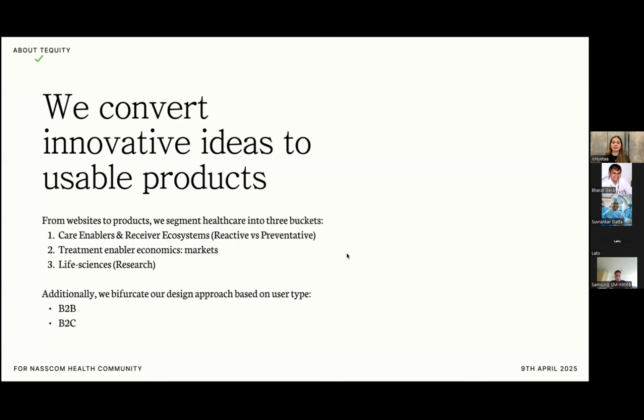Within that, we bifurcate healthcare into reactive and preventative healthcare. I know I'm in a group where I don't have to explain the difference, so I'm going to move forward. The second is the treatment enabler economic market, which is essentially your pharma companies, your diagnostic equipment manufacturers, etc. And the third is life sciences, which is more research oriented. Additionally, we bifurcate all of these into B2B and B2C based on who they serve.